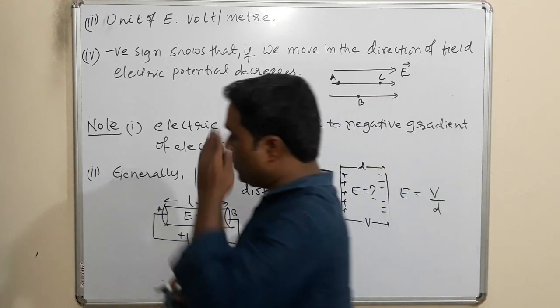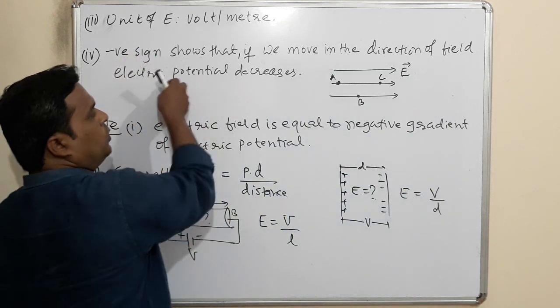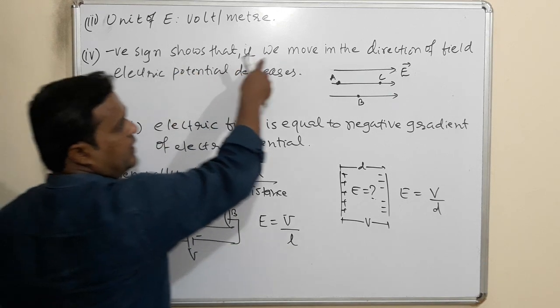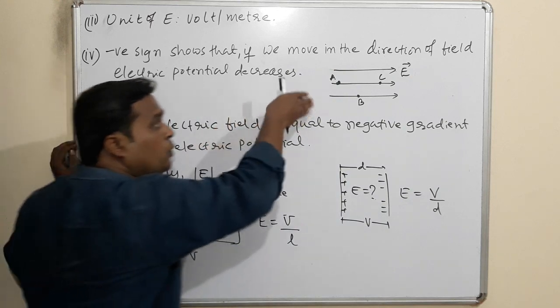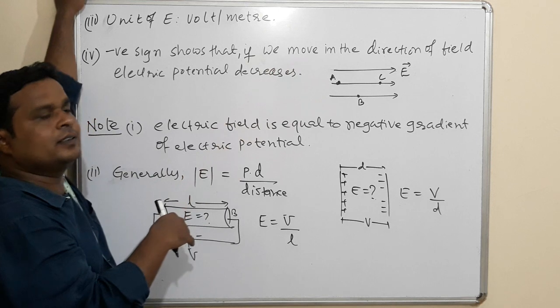If I ask you, at which point is the potential maximum? I told this sentence: if we move forward in the direction of the field, potential goes on decreasing.